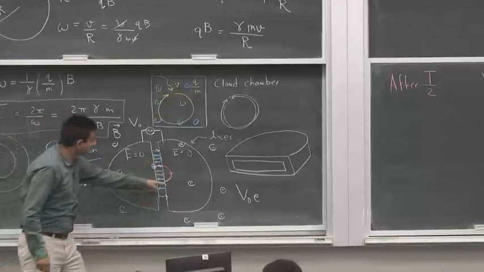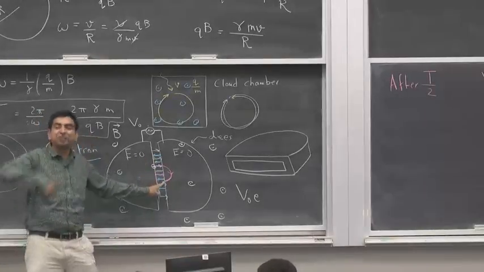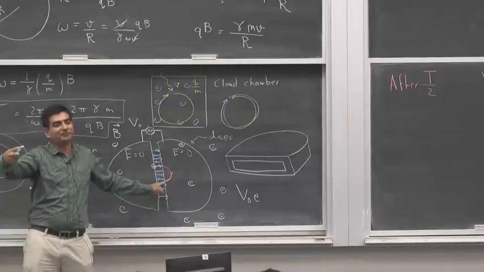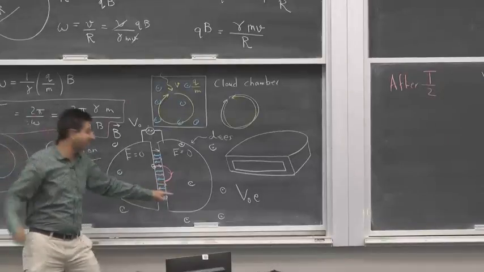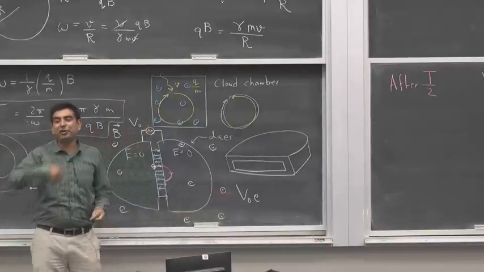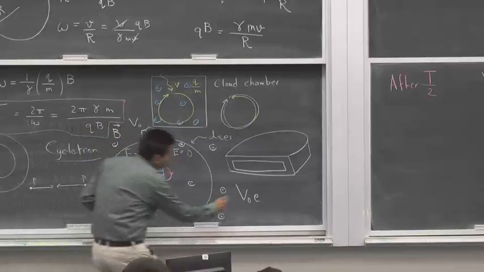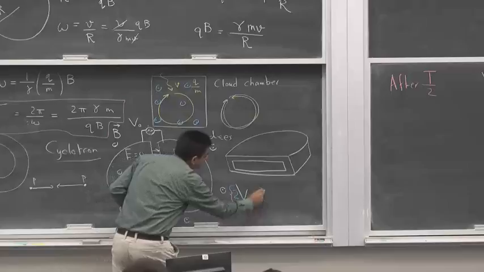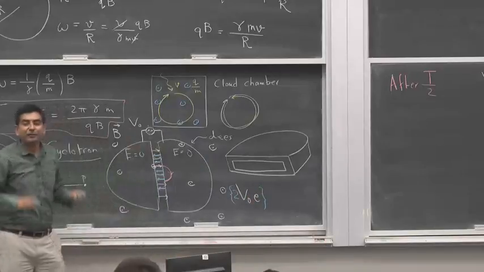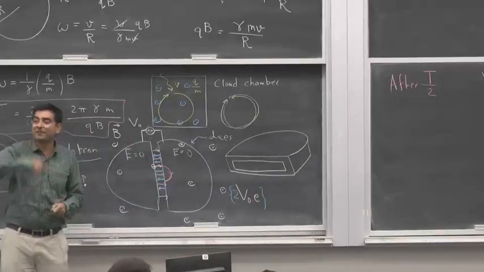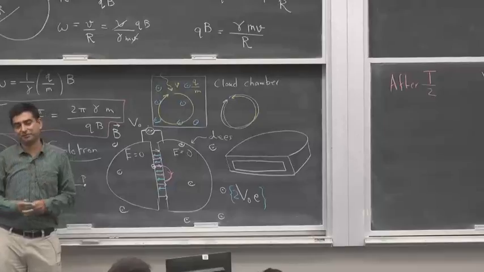And when it reverses direction, it takes an additional boost of energy. Right? And that boost of energy is an additional V0 E. So in one cycle, I get a boost of energy that is given by 2 V0 E. Now when this initial energy goes up, the kinetic energy goes up.